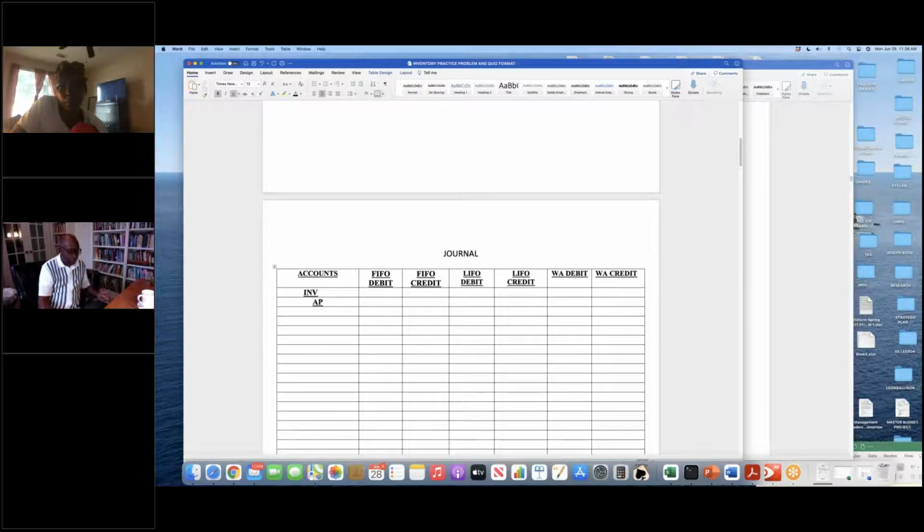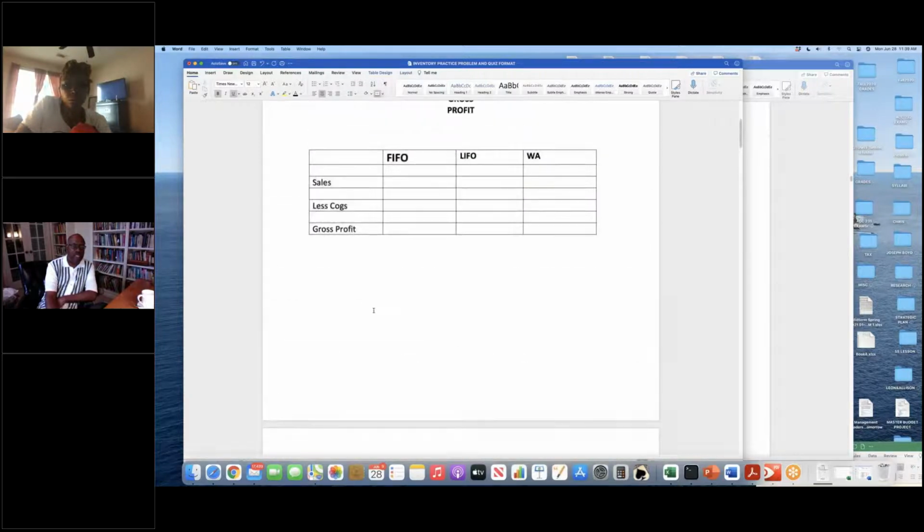So we're going to debit $3,750, and we're going to credit $3,750. We do the same thing when we work a problem, because this journal entry stays the same on all methods. We don't have to duplicate it. Once we've made the journal entry, you see that later, and we have it made.